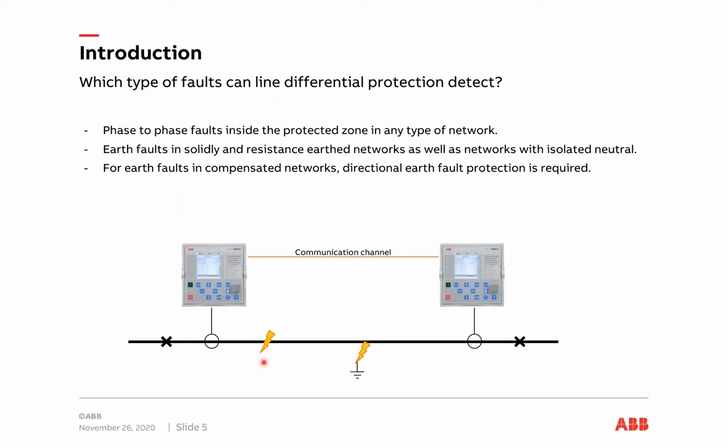Earth faults can be detected in solidly and resistance earthed networks, and also in networks with isolated neutral. If we have a compensated network, we are not able to detect the earth fault with line differential protection. For this, we need to use a separate earth fault protection function.